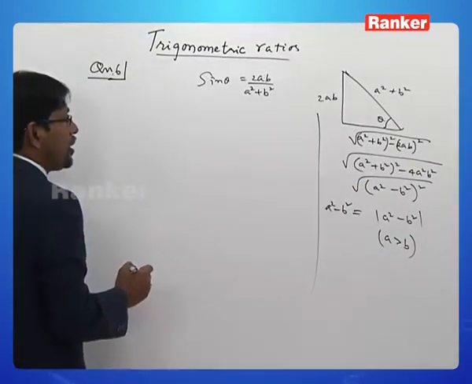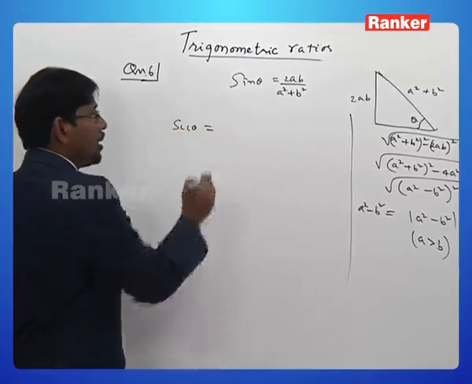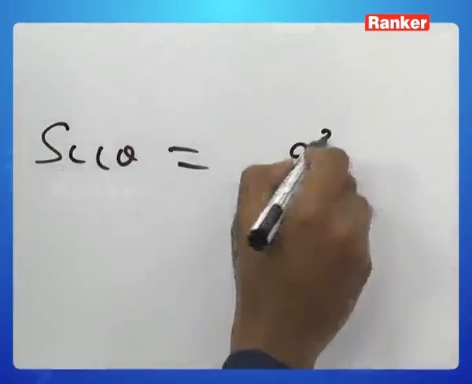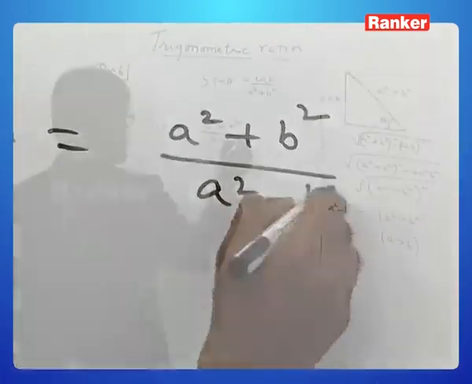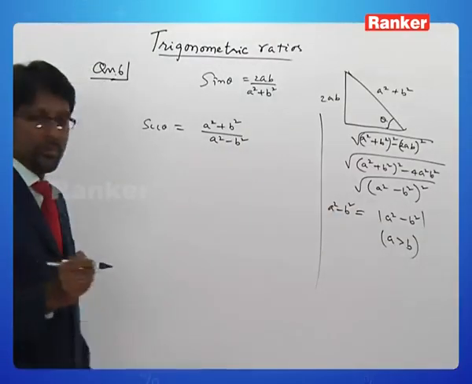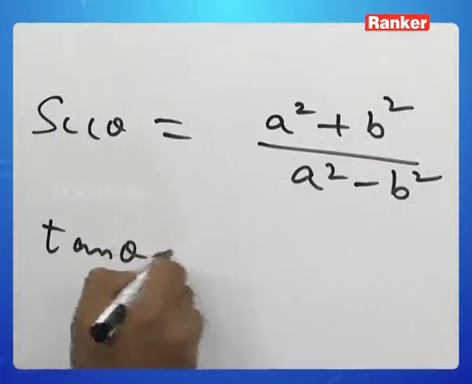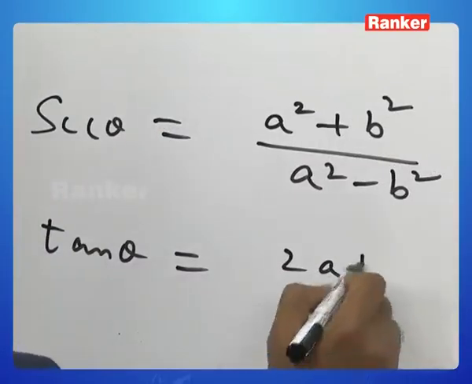Now, what is secant theta? Hypotenuse by adjacent. So, that comes out to be a square plus b square by a square minus b square. What about tan theta? Tan theta comes out to be 2ab by a square minus b square.